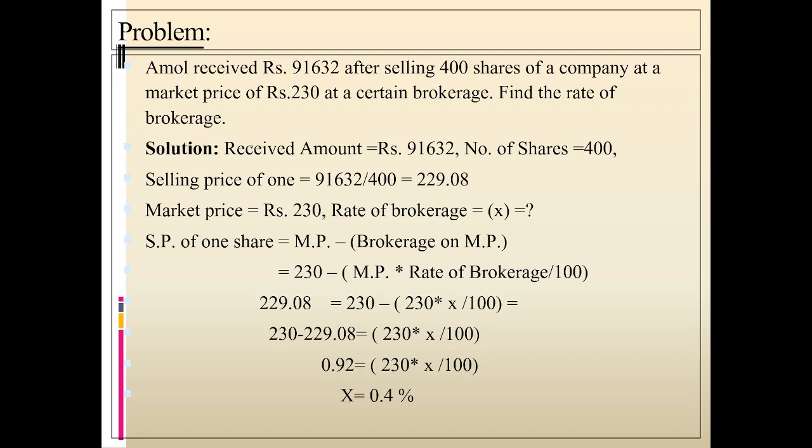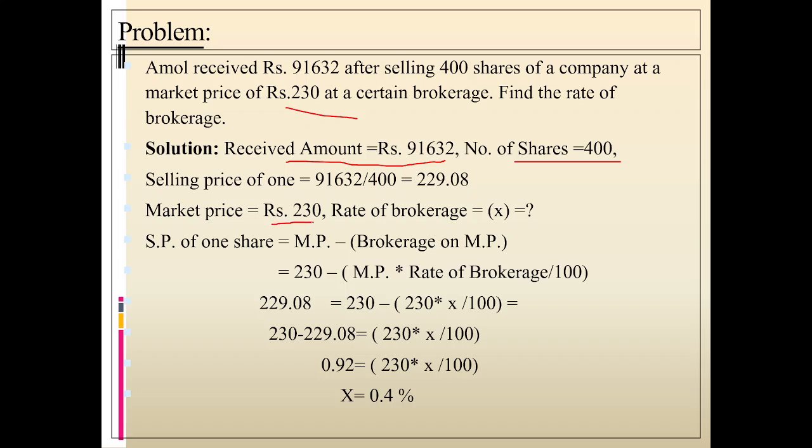The next problem is also similar to the previous problem. Amol received rupees 91,632 after selling 400 shares of a company at market price 230. Now here we have to find the rate of brokerage. The amount received is 91,632 and the number of shares is 400. From 91,632 upon 400, we get the selling price of one share.